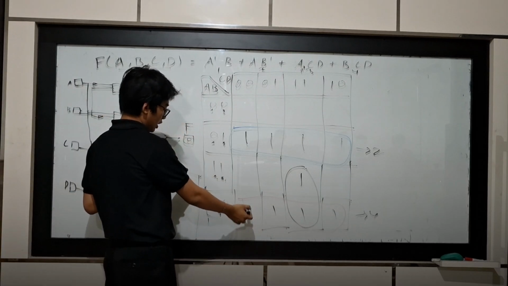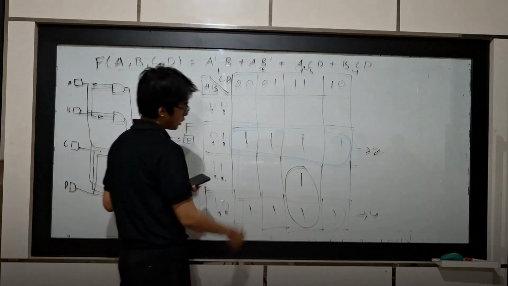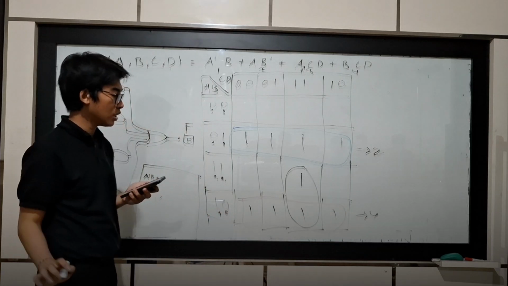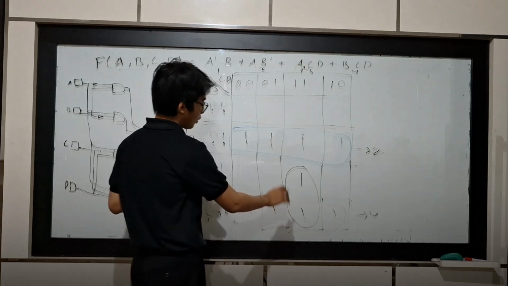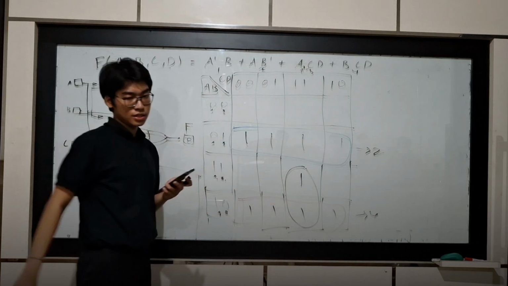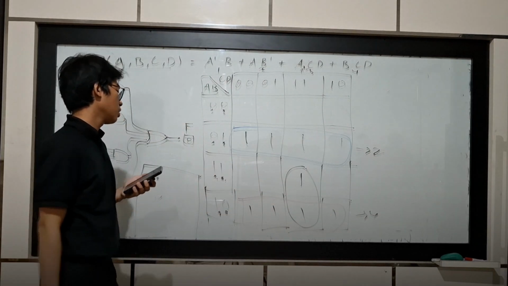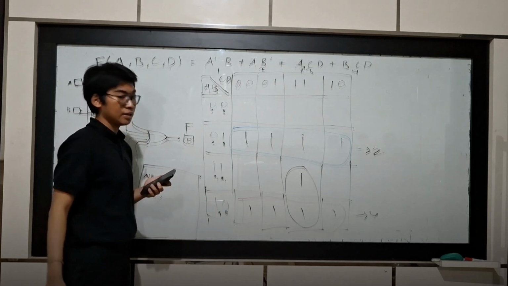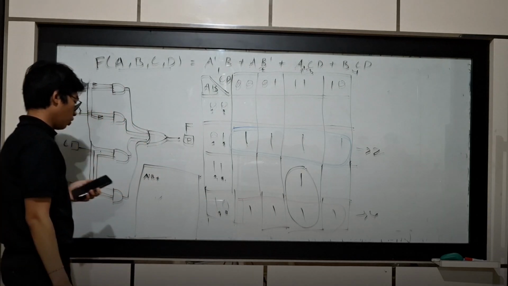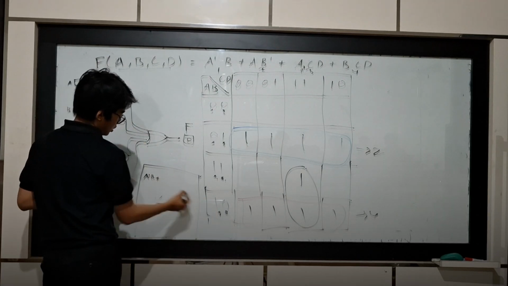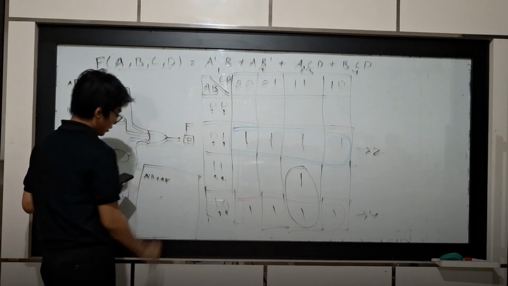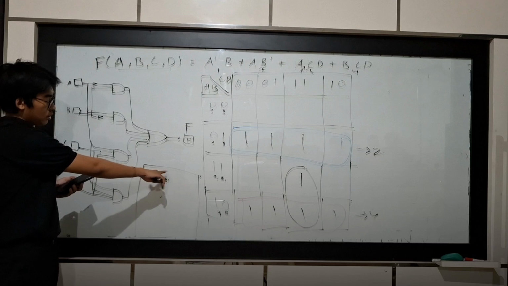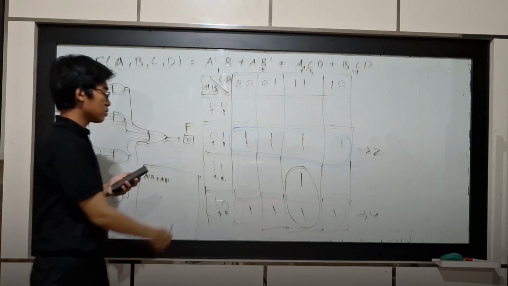So from equation number 1 to equation number 2 to the third equation, and then to the fourth equation, 1 1 1 1 have the same equation, which is A1 and B0. So it is A and then B inverse. This is the equation of this block.